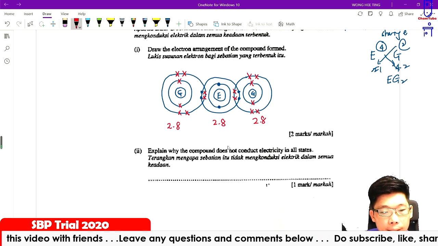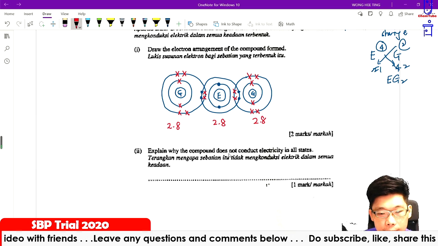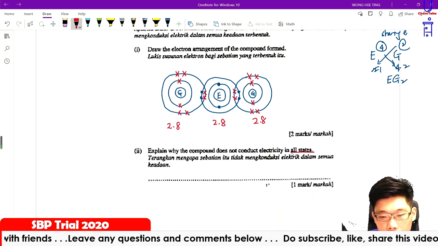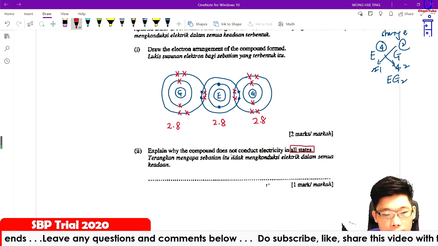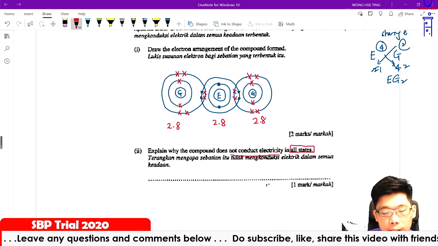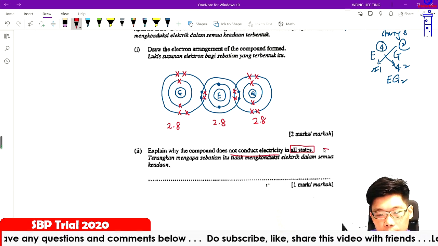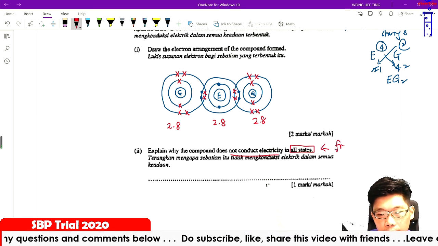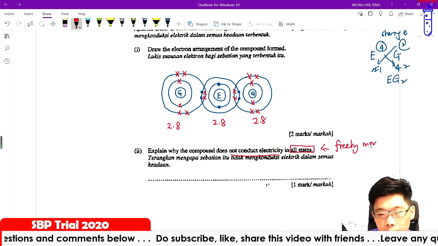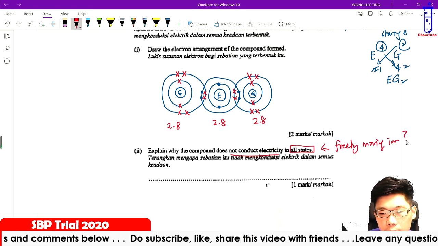Okay, explain why the compound does not conduct electricity in all states. For electrical conductivity, we just need to see whether it has freely moving ions or not.